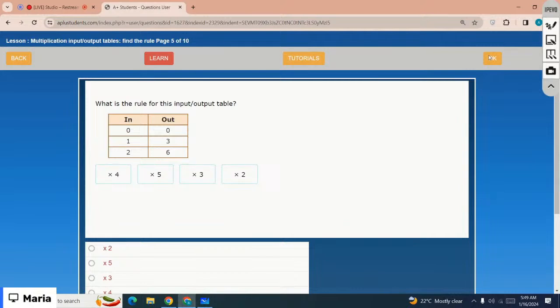Yes, very good. Again, the rule for this table is you have to multiply by 3. So the correct option is you have to multiply by 3.